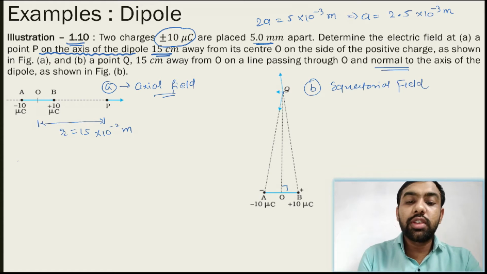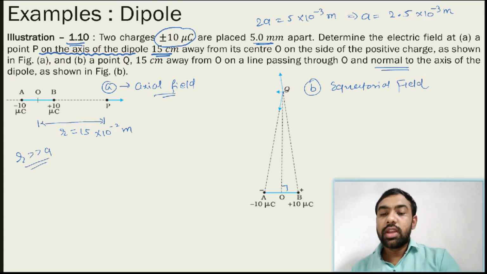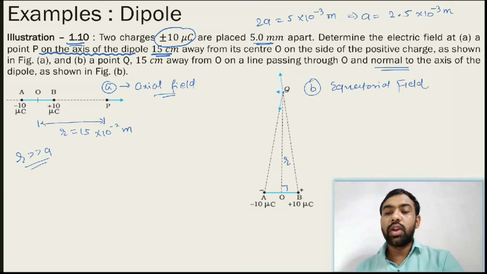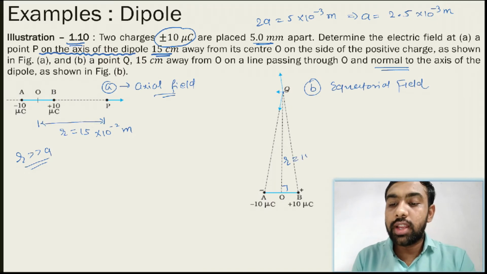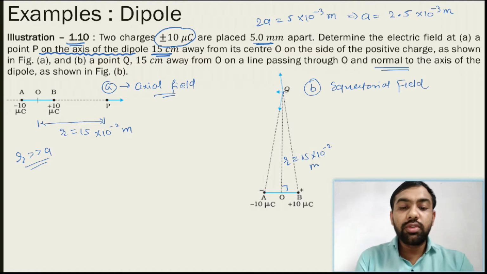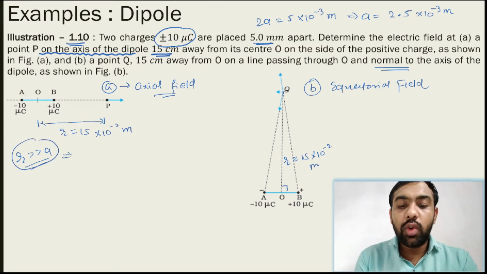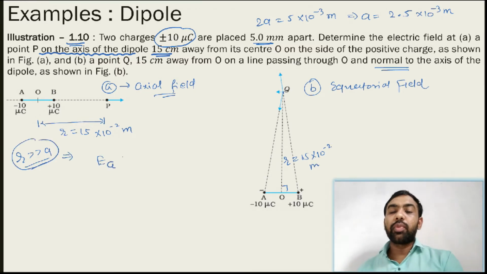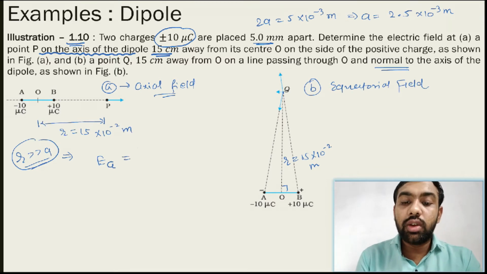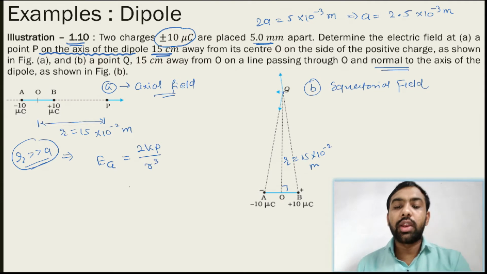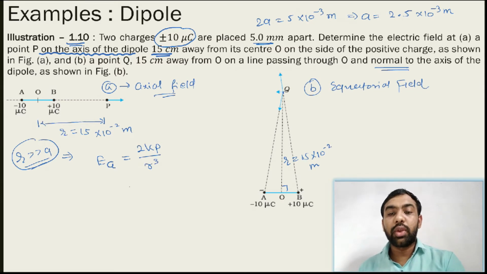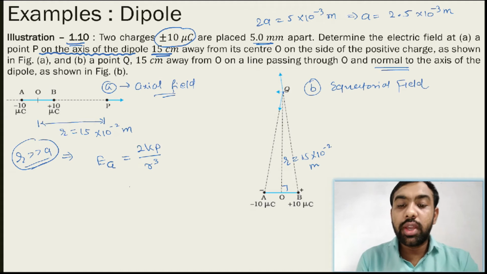Means we use this theory, r is much greater than a. In both cases r is equal to 15 centimeter, so here also r is equal to 15 into 10 raised to minus 2 meter. So use r much greater than a. Then what is E axial? E axial is equal to 2kp upon r cube. What is p? p is equal to 2aq.